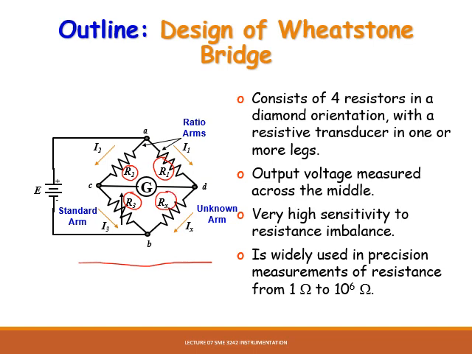is actually a sensor that provides resistance change when the measured variable changes. For example, an RTD or thermistor will provide a change of resistance when the temperature changes. So, for example, we use an RTD here.